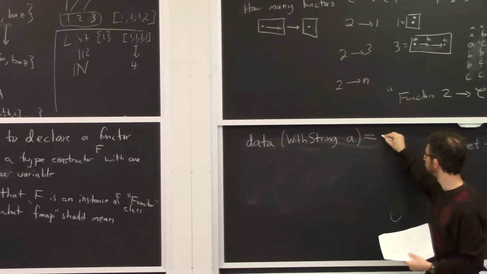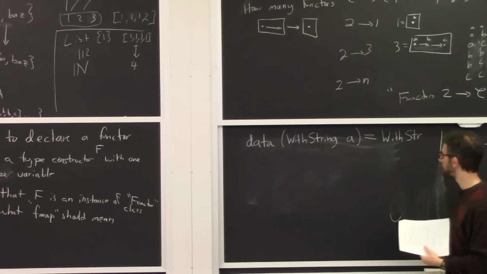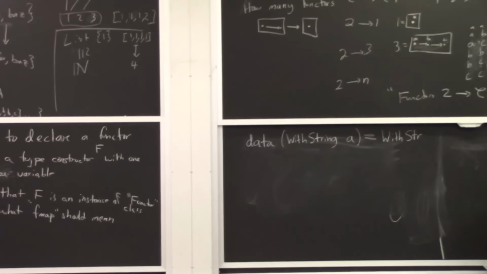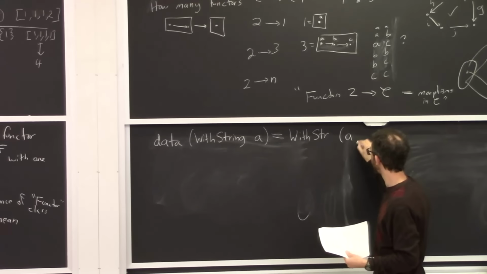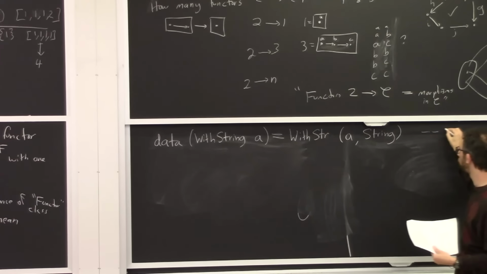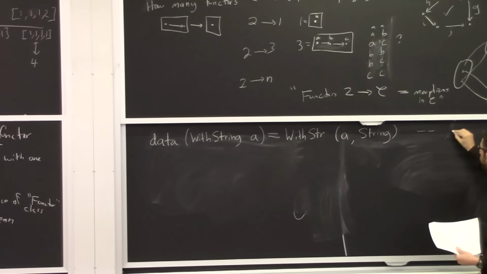And what it is, with WithStr, it says like to invoke this functor, please write WithStr, and then write something. So we're going to write WithStr A comma String. And this is Haskell notation for A times string.